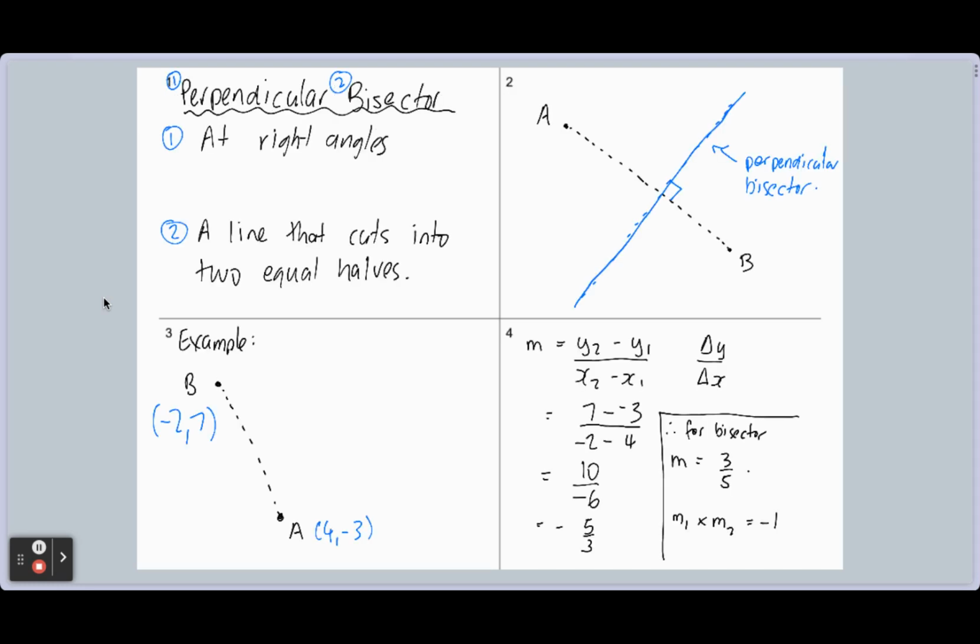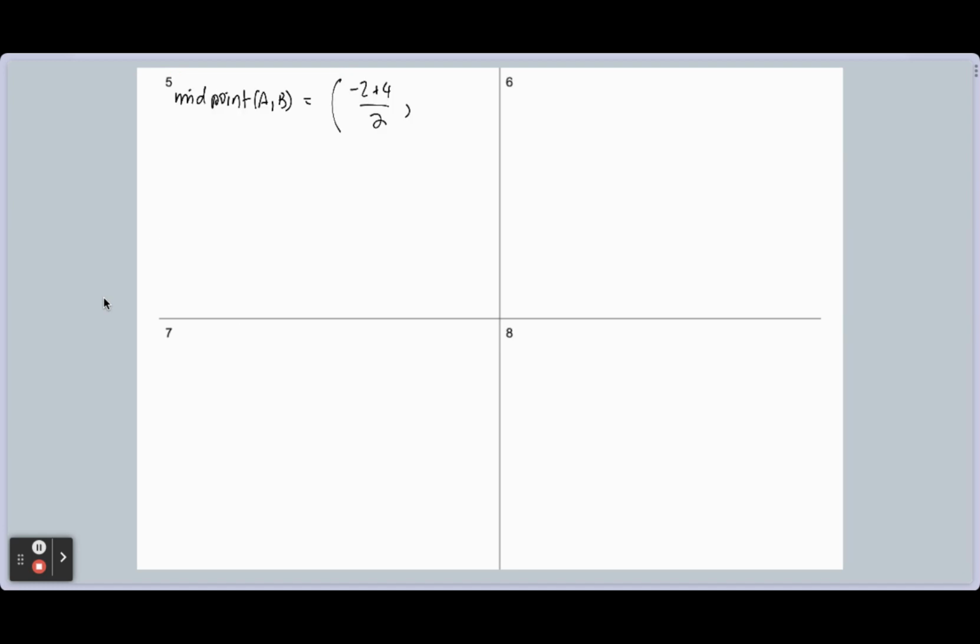And the y coordinates are 7 and -3. So it'll be 7 plus -3, or 7 minus 3, over 2. -2 plus 4 is 2, divided by 2 is 1. And 7 minus 3 is 4, over 2 is 2. So the midpoint is (1, 2). I'll let that sit there for a moment. You can ask me questions.